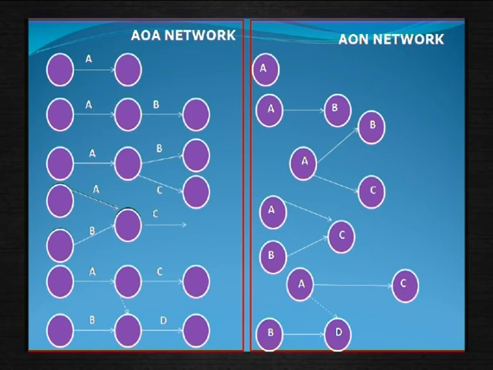The following diagrams illustrate the representation of the activities using an AOA network diagram and an AON network diagram. The first example shows the representation of activity A. The next figure shows the representation of activity B following activity A. B and C must follow A, C must follow A and B, and C must follow A, and D must follow A and B.